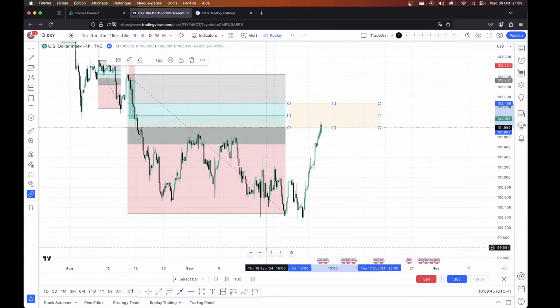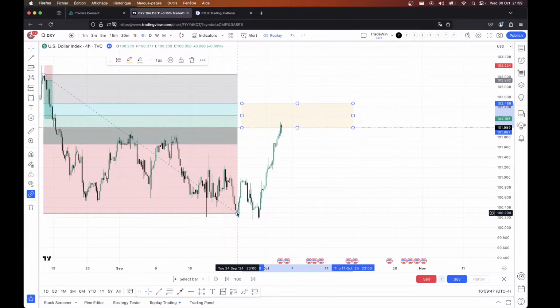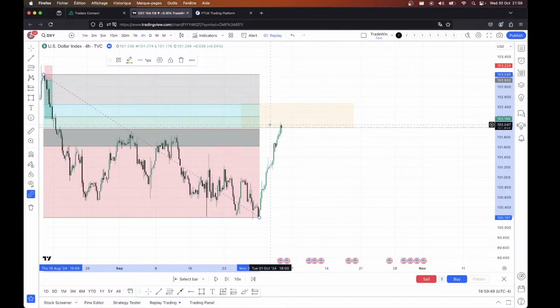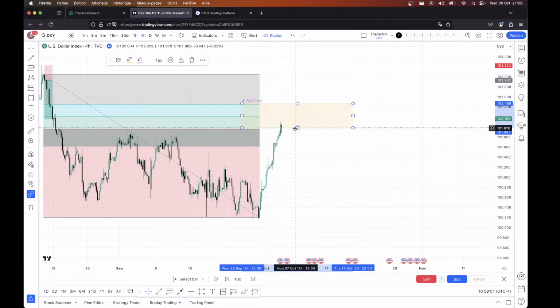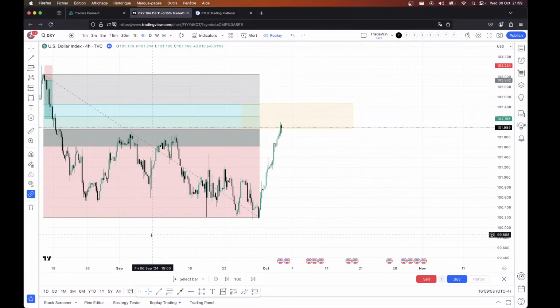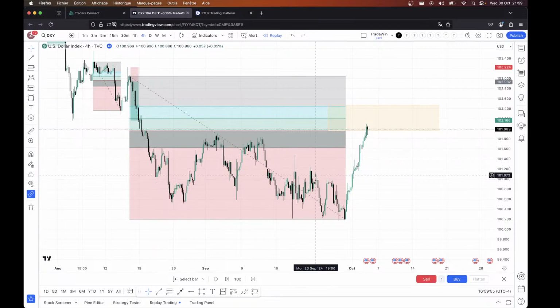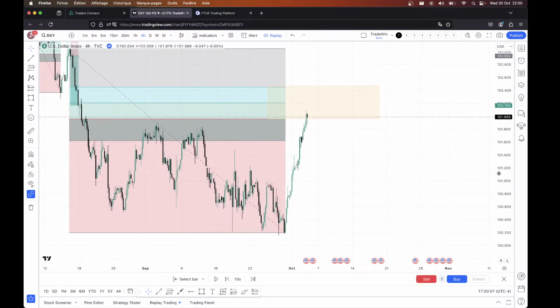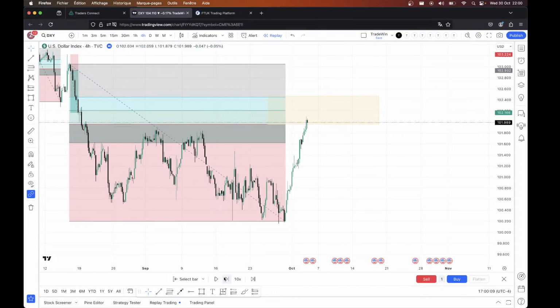We're in the zone. You see that? After waiting from August to October, which is now late September, we got into the zone. That's wonderful. So now let's see if we are rejected from this zone.